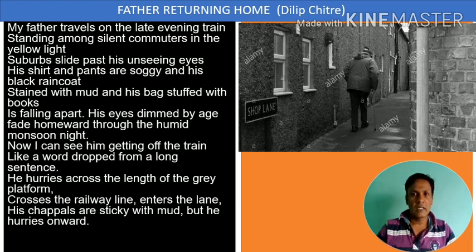The language is easy and simple, but the use of symbolism and poetic devices like simile make this poem a very interesting piece of writing. It is the first person narrative where the speaker in this poem is the poet himself. The poet narrates how his father returns home and what he does thereafter.